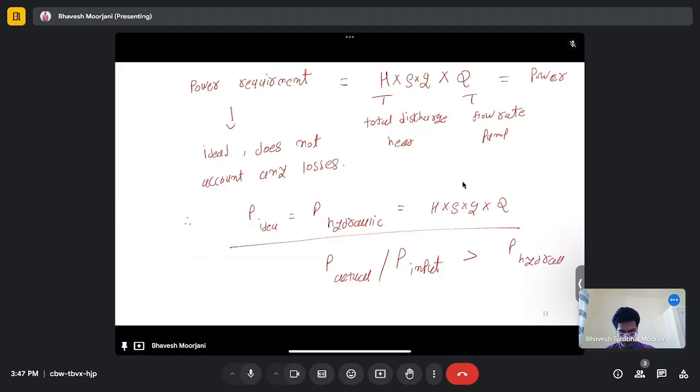Thus the ratio of these two can give us the efficiency of the pump, which is P hydraulic divided by P actual.